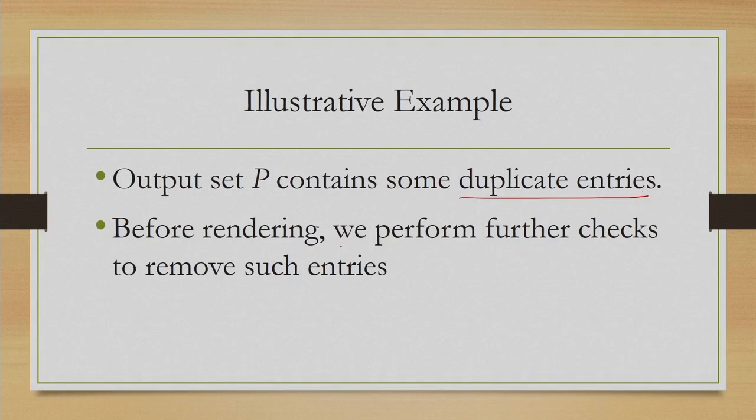So, before rendering we perform further checks and processing on the output list to remove such duplicate entries. The algorithm may give us a list having duplicate entries, and we need to perform some checks before we use those pixels to render the circle to avoid duplications. So, that is what we do to render a circle.